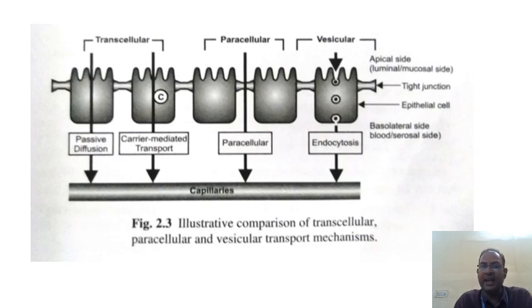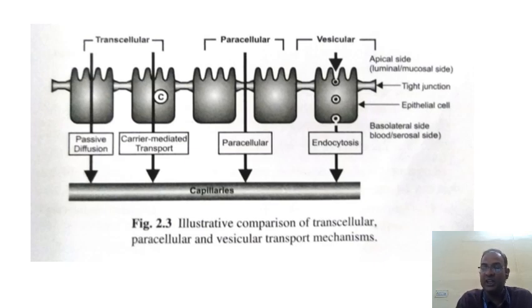Then the third one is vesicular transport. In this vesicular transport, we have the contents, that is the drug. If the drug reaches the cell membrane, the cell membrane itself folds into a vesicle and travels into the cytoplasm. This vesicle reaches the other part of the cell, releases the drug that it had held, and releases it into the capillaries.